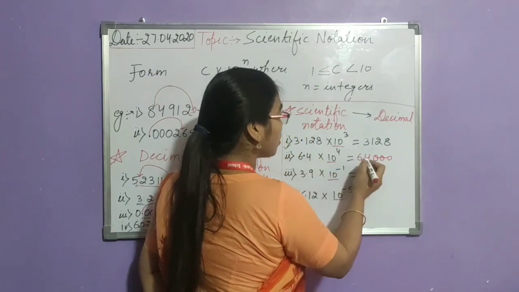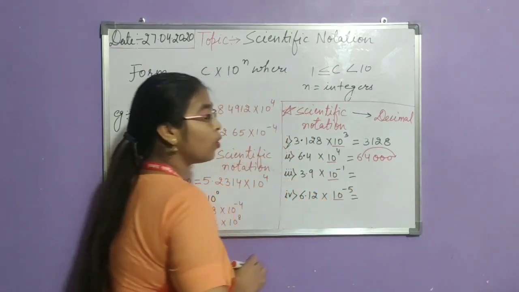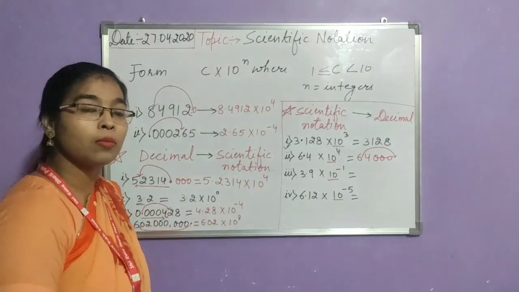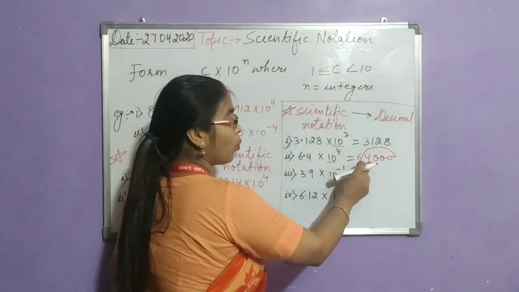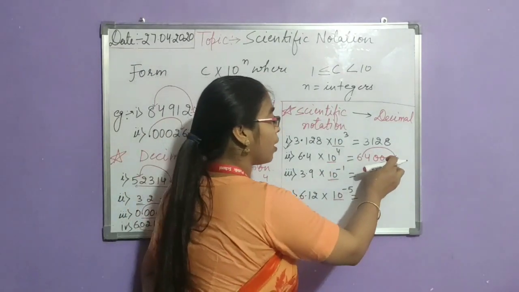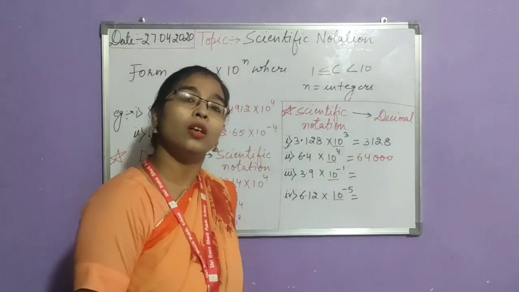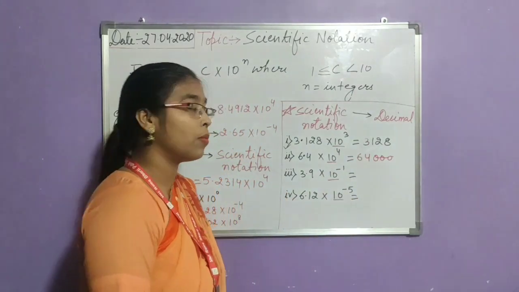We have to shift the decimal here in order to convert to decimal. So 1, 2, 3, 4 digits we have to cross, so we have to write 0, 0, 0 here. So this one is the decimal form.